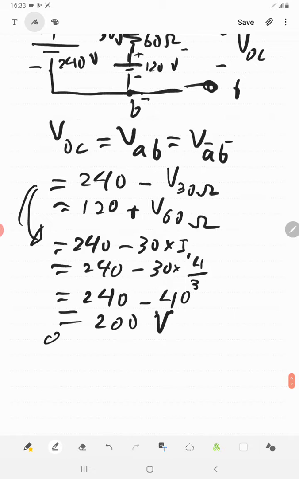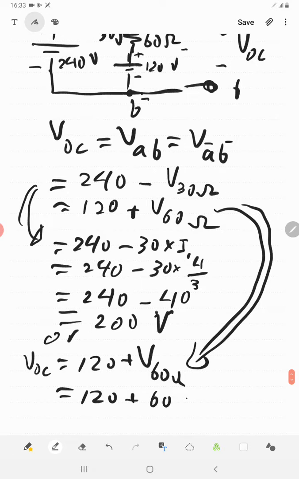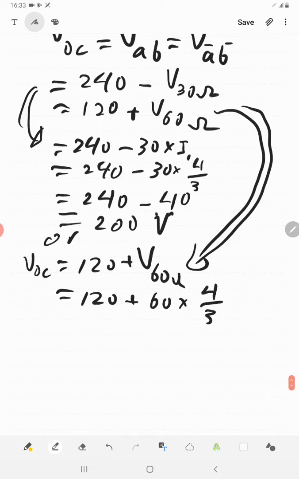Or we take this one. V open circuit equals 120 plus V60 ohms, so it will be 120 plus 60 times I1 over 3, so 120 plus 80, equal to 200.